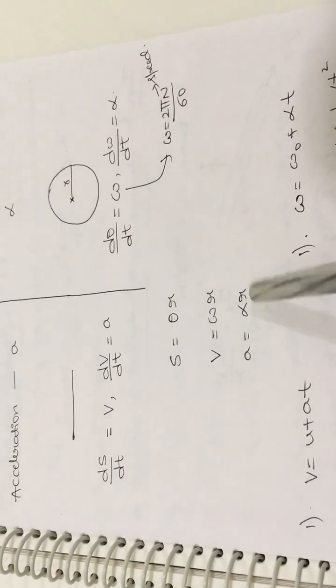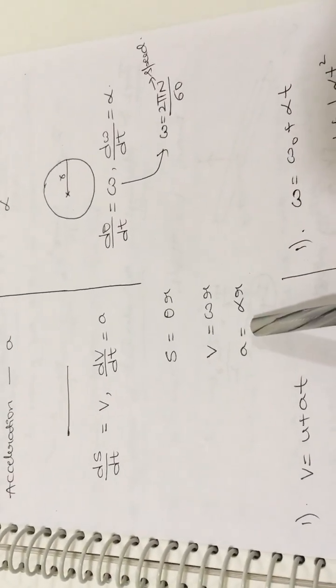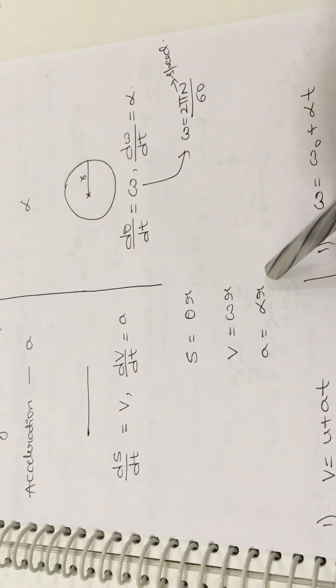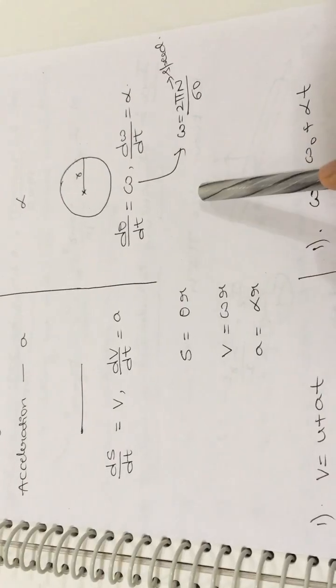Next a is equal to alpha r, linear acceleration is equal to angular acceleration into radius value. So these are the direct relationships between the linear motion and circular motion.